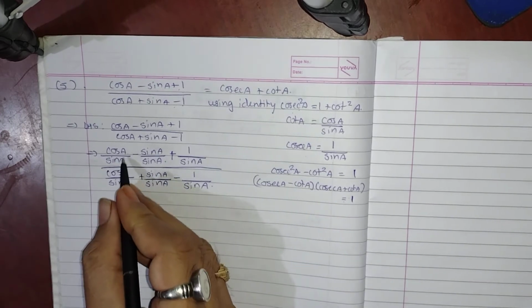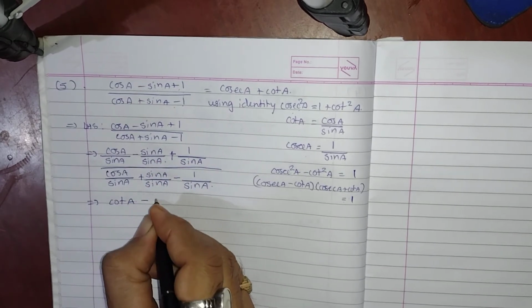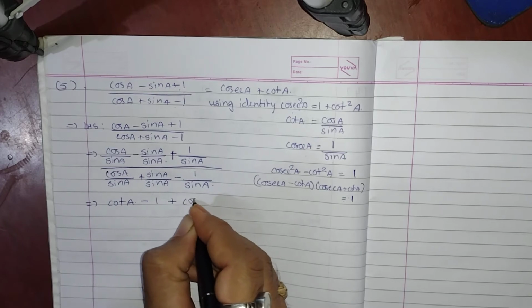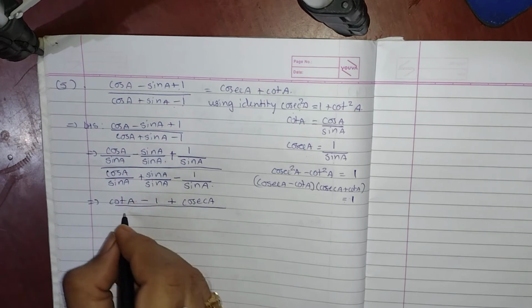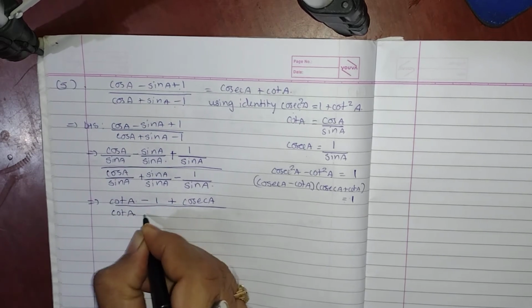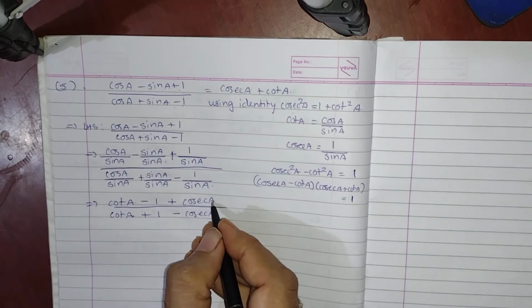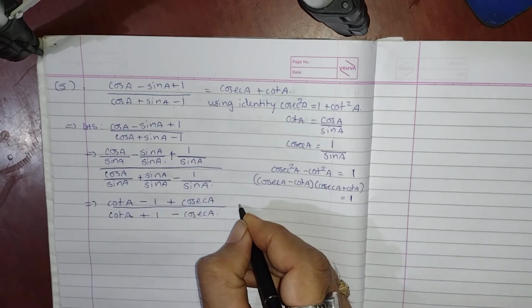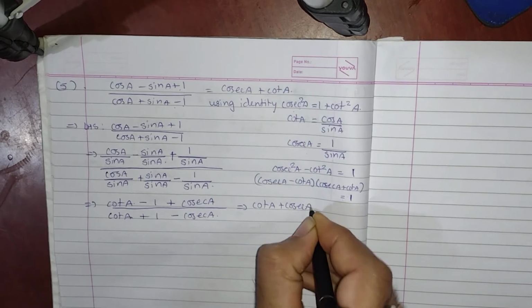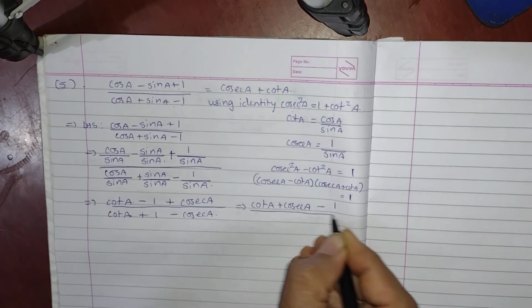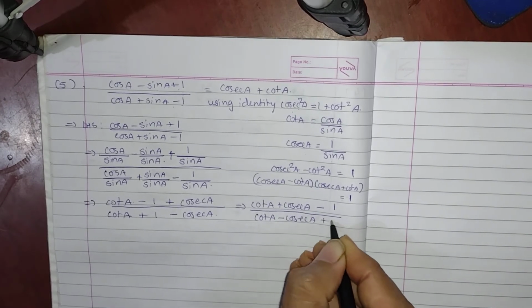Now cos A upon sin A is cot A, sin A upon sin A is 1, so minus 1, and 1 upon sin A is cosec A. So we get cot A minus 1 minus cosec A upon cot A plus 1 minus cosec A. Now we will rearrange it, so we get this form: (cot A plus cosec A minus 1) upon (cot A minus cosec A plus 1).